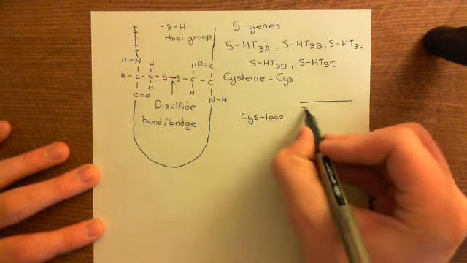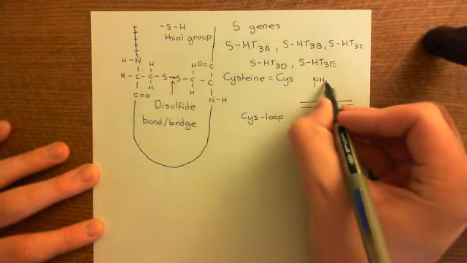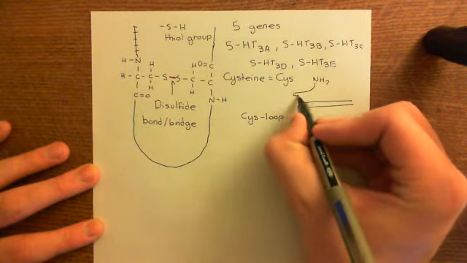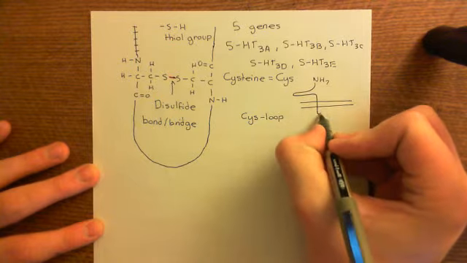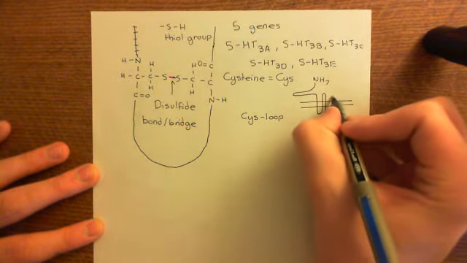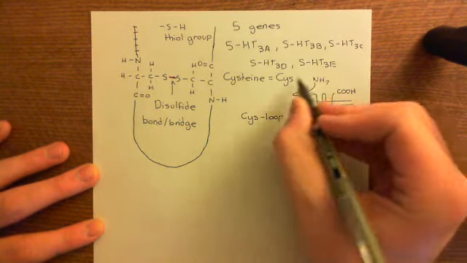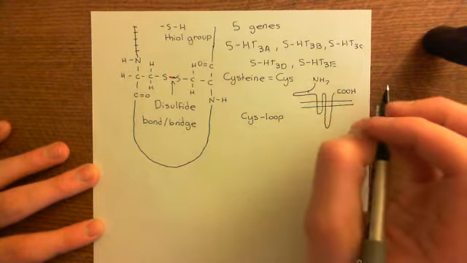So here's the phospholipid bilayer. Here's the amino group of this protein, and then it forms the cis loop here, and then it forms M1, M2, M3, the M3, M4 loop, and then M4, and then the C terminus like that. So they all have the same membrane-spanning topology here.